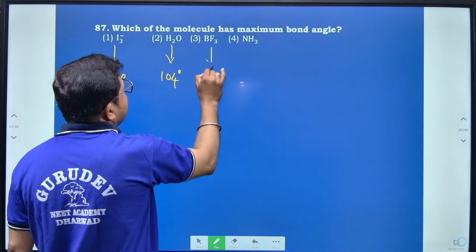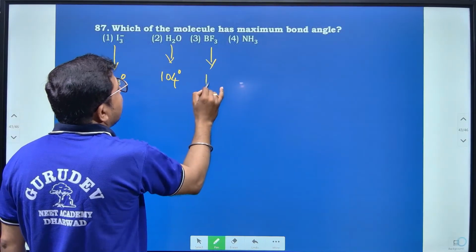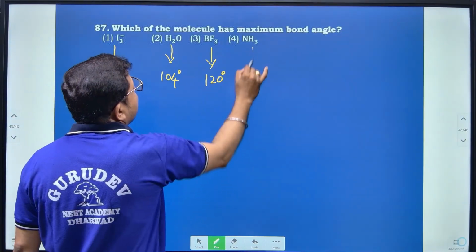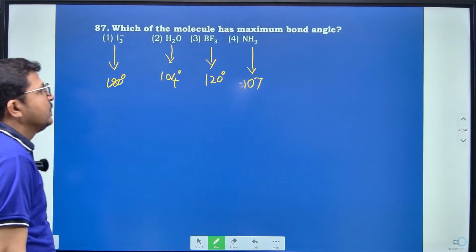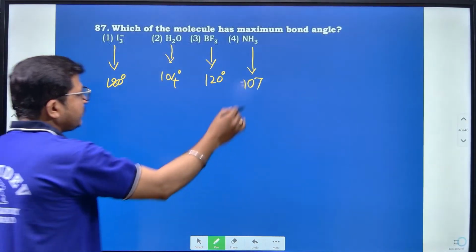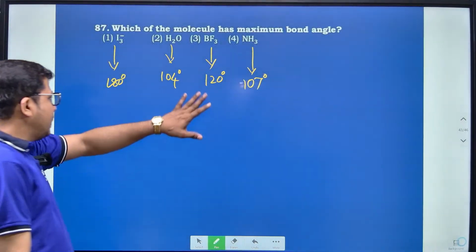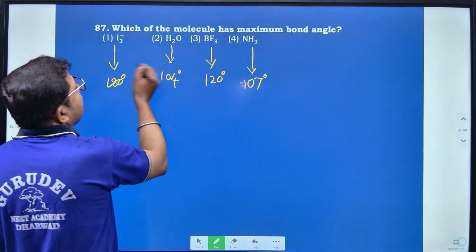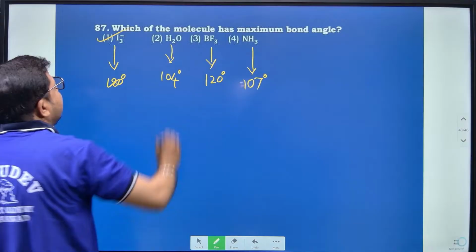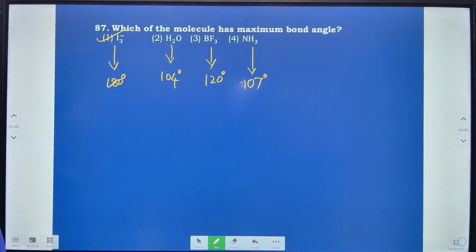Option number 3 is having 120 degrees. Option number 4 is having 107 degrees. Now comparing all these 4, the maximum angle possessed by a molecule is I3 minus. Therefore, option 1 is the right answer.